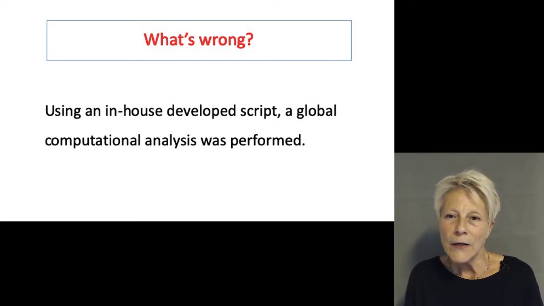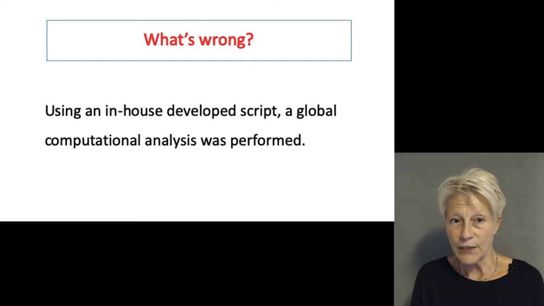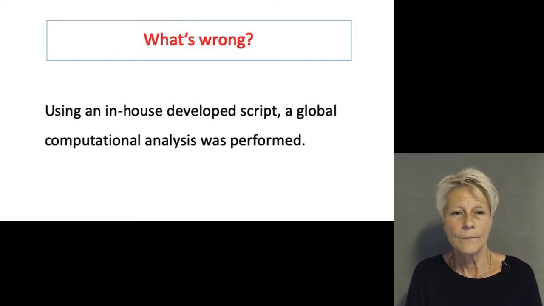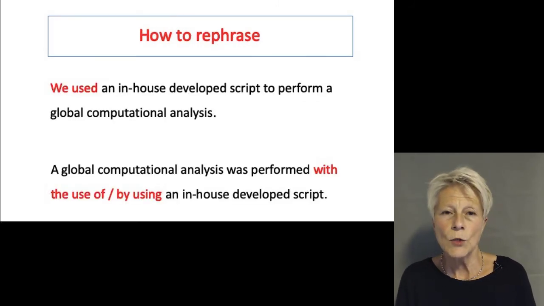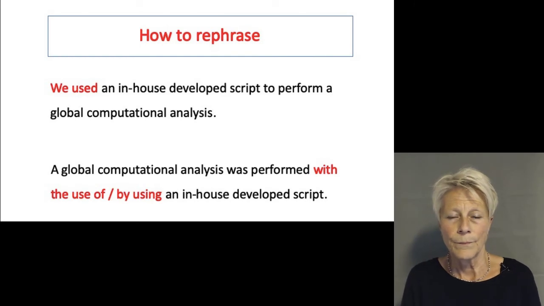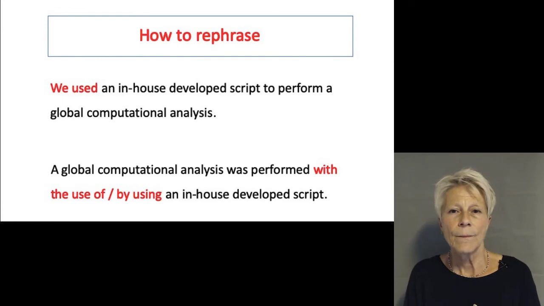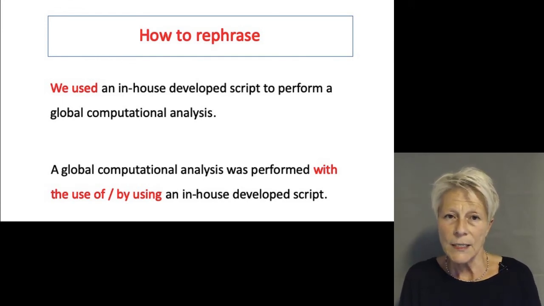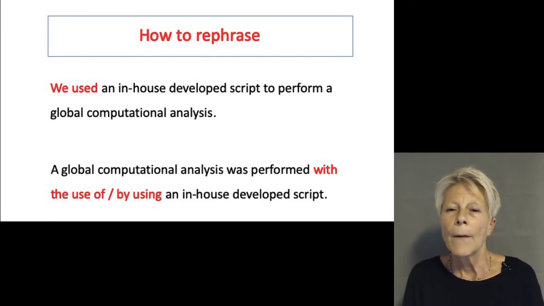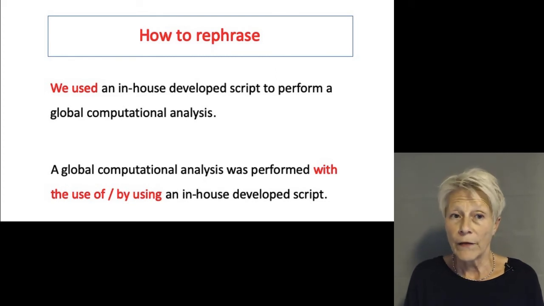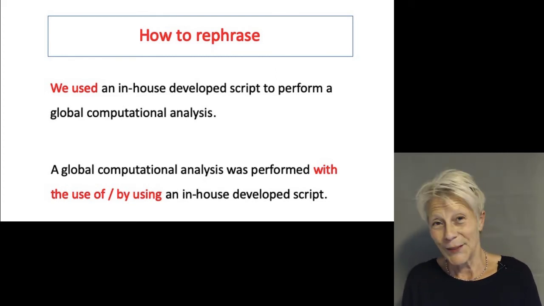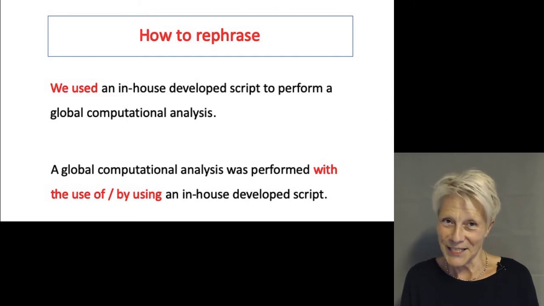The flaw here is caused by the use of the passive voice. An active sentence would solve the problem. Like in this rephrasing. You can also replace the participle using by an adverbial phrase like with the use of or by using. Now, that's easy, right?